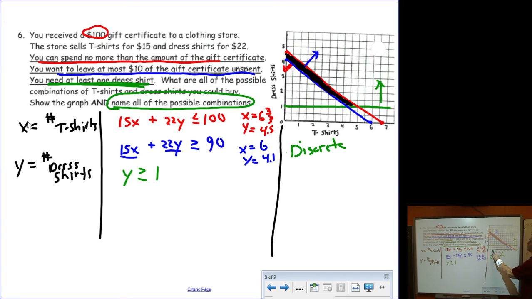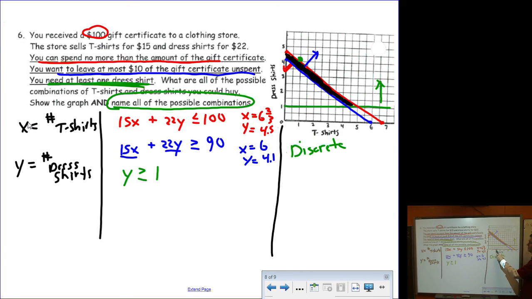When x equals 1, (1, 3) is not in our black area. (1, 4) looks close. And let's see, I think that (1, 4) is actually just outside the area. If you did this neatly, you'd see that. So (1, 4) is not a good point.